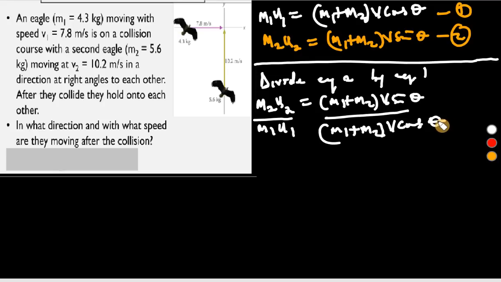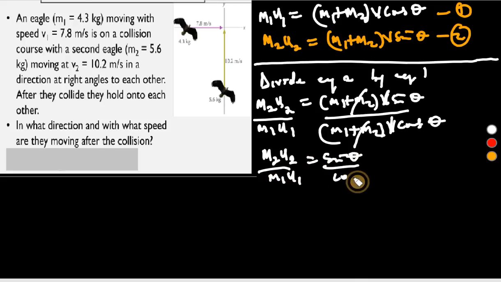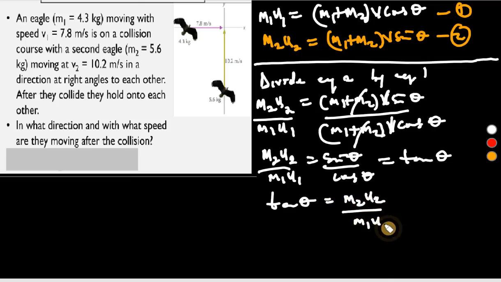Going further, we see that v cancels, so that we have m2u2 over m1u1 equals sine theta upon cos theta. And from trig identity, this is tan theta. We now have that tan theta is m2u2 upon m1u1.